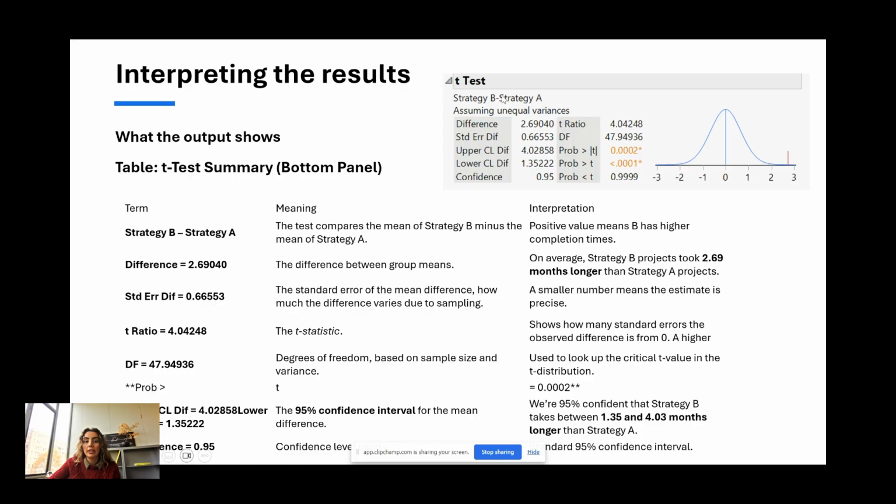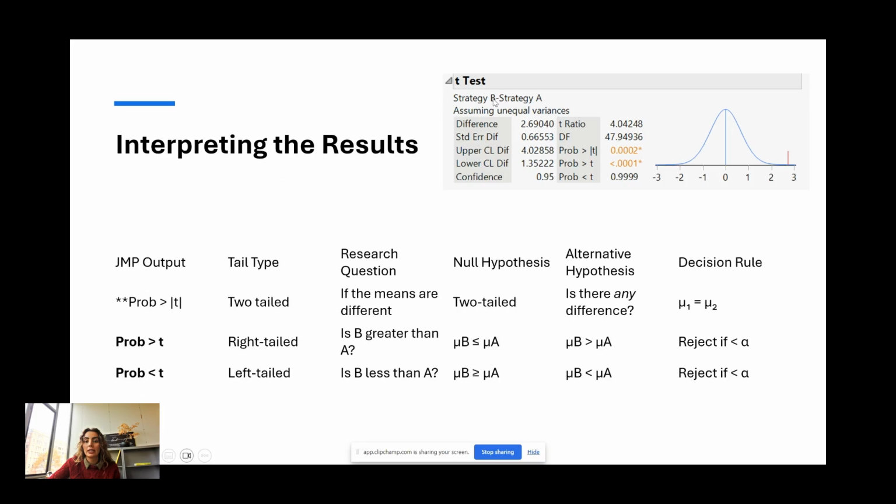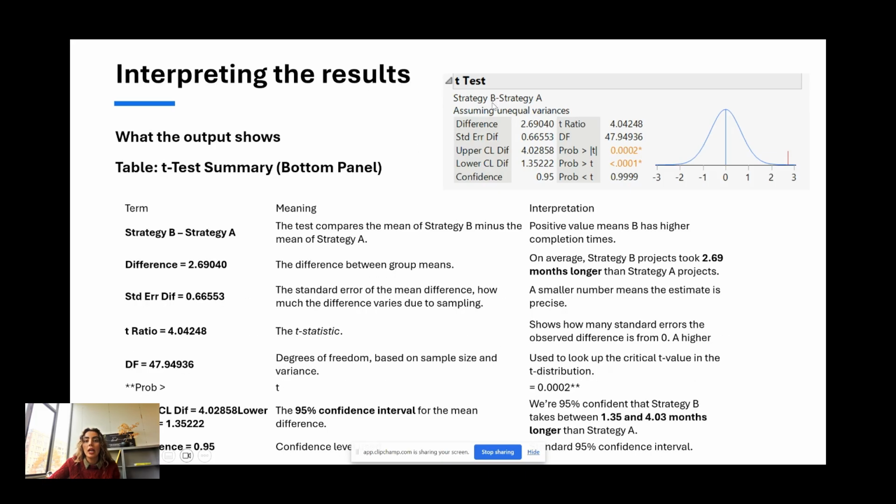This formula is telling you that we're comparing the mean of strategy B minus the mean of strategy A, and this is the difference between the means. This is the standard error of the mean difference, and this is our t value.